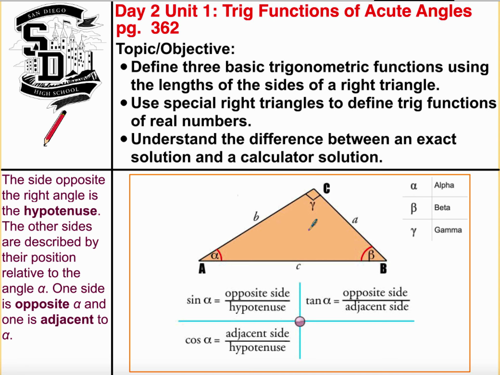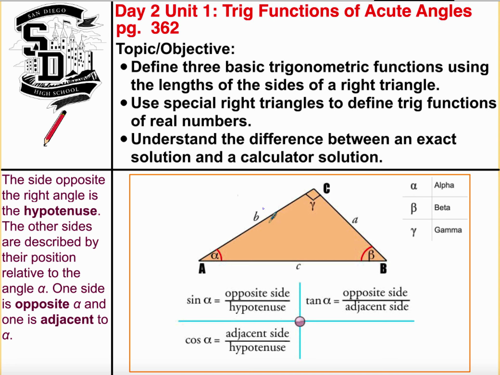Now, from these three sides, in terms of angle alpha, we can write three trigonometric functions. So the sine of angle alpha is simply the opposite side length, A, divided by the hypotenuse side length, C. The cosine of angle alpha is the adjacent side.